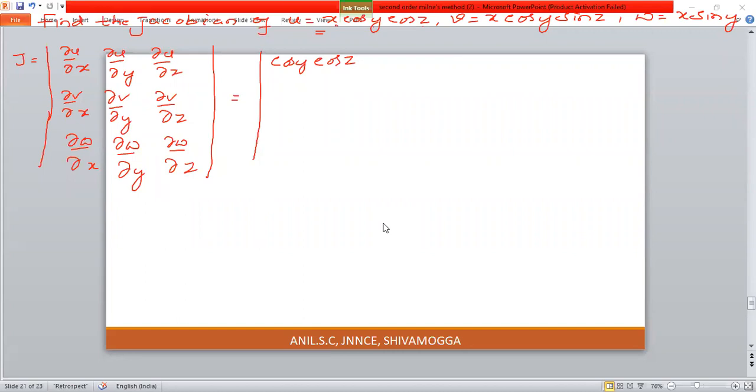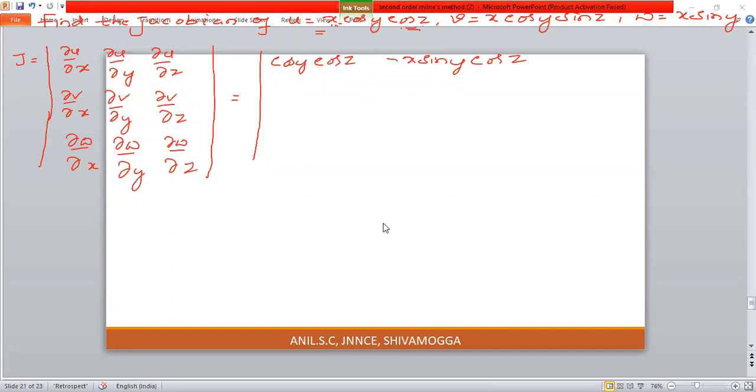The derivative is minus x sin y cos z. Keep these two as they are; the derivative of cos y is minus sin y.